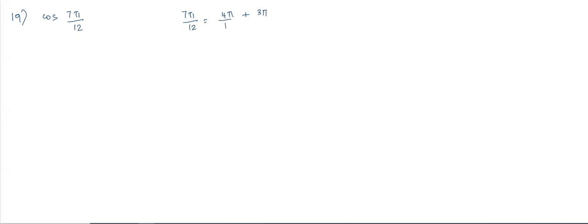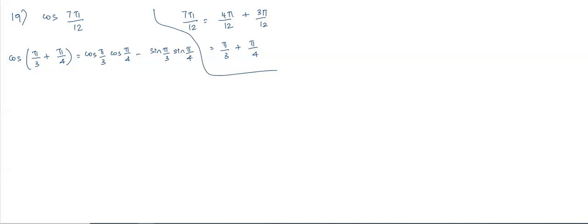So this is pi over 3 plus pi over 4, and they are both unit circle angles. So I can rewrite this as cosine of pi over 3 plus pi over 4, and I apply the cosine sum formula, which is cosine A cosine B minus sine A sine B.